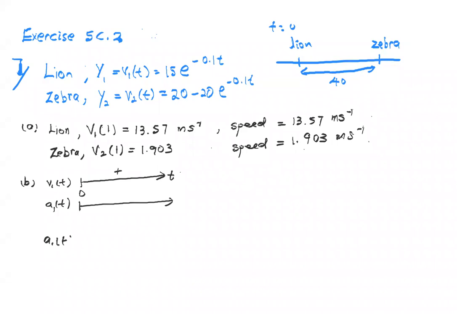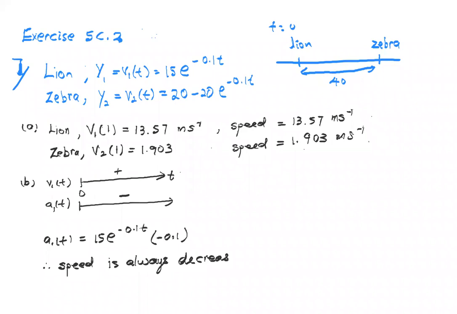A1(t) is equal to 15 e to the power negative 0.1t times by negative 0.1. So it's always negative. So therefore, speed is always decreasing. Can or not?